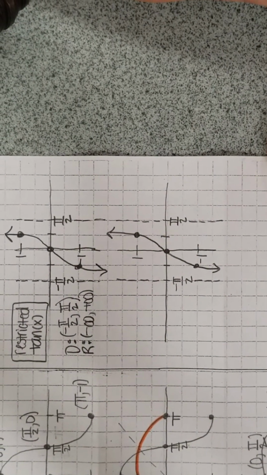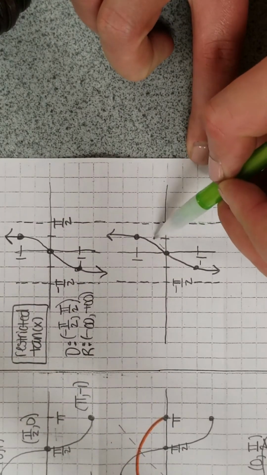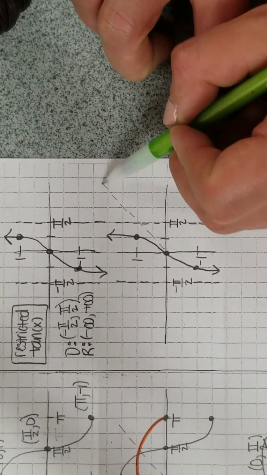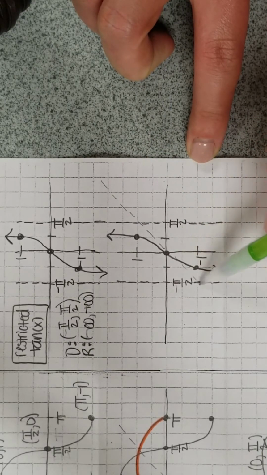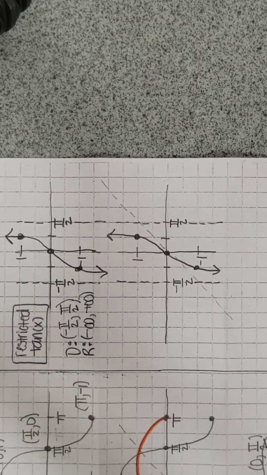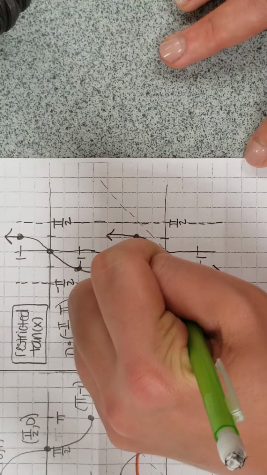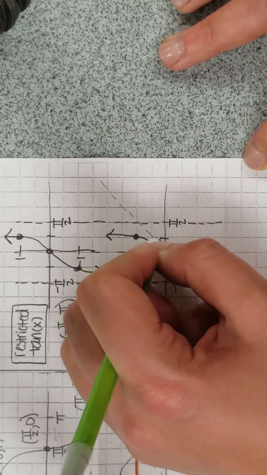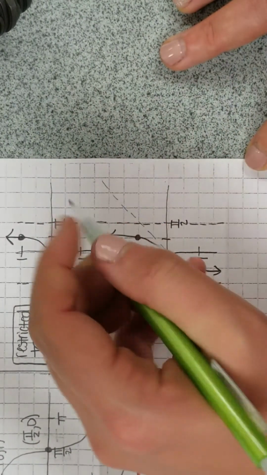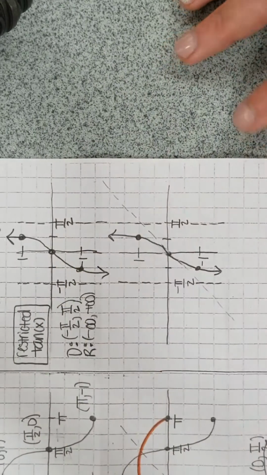And then once you have that drawn, let's sketch in what y equals x would look like, and then visible y equals x. Okay.